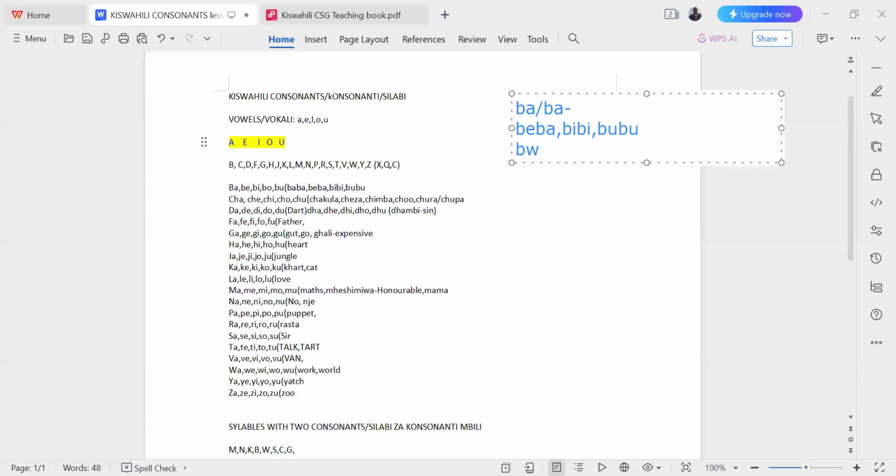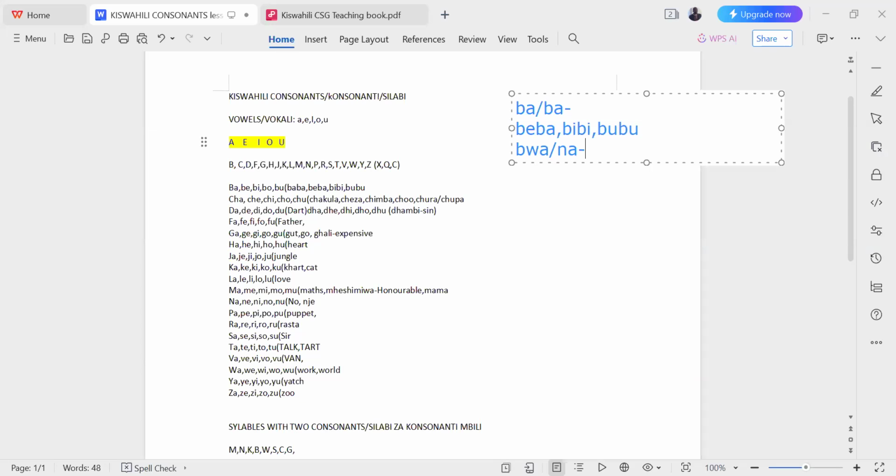In Swahili, you'll have it in a word called bwana. But for our case, we are looking at the first part of this word, this BW. How do you pronounce it? We pronounce it with the letter A: bwa, bwa. So it comes out as B, wa, bwa.